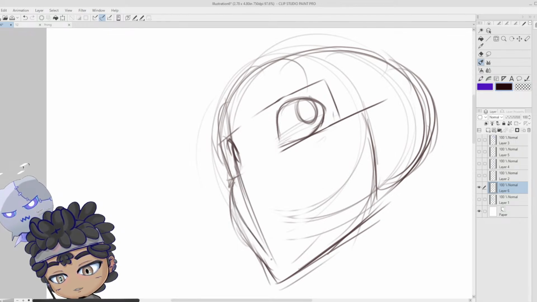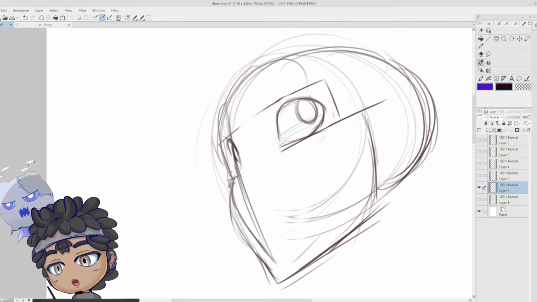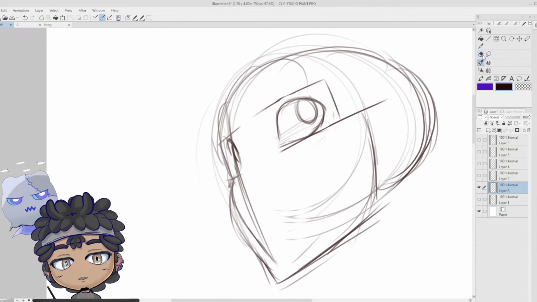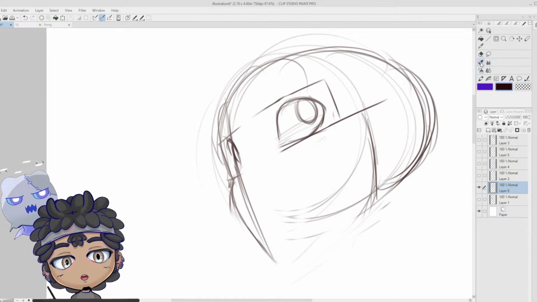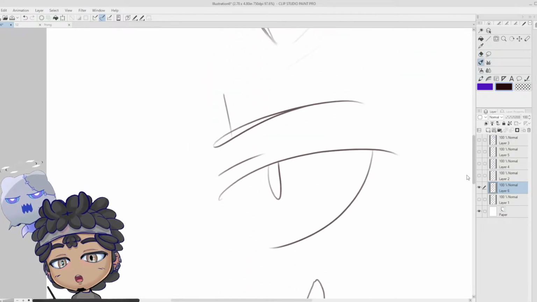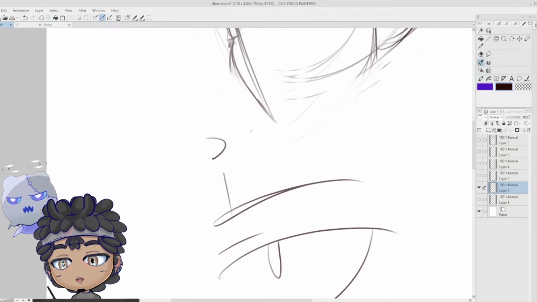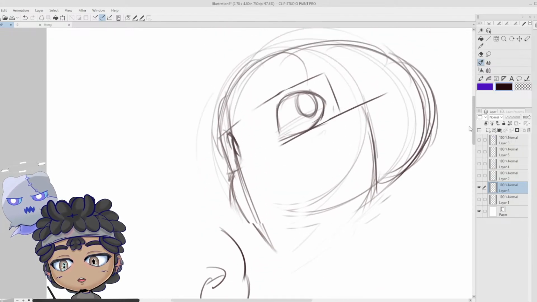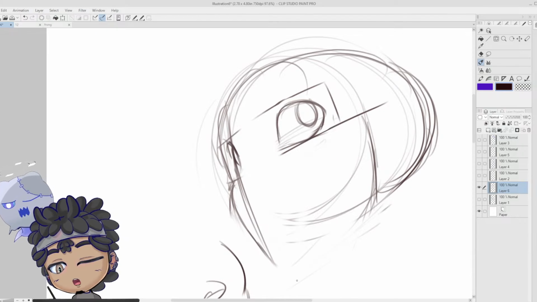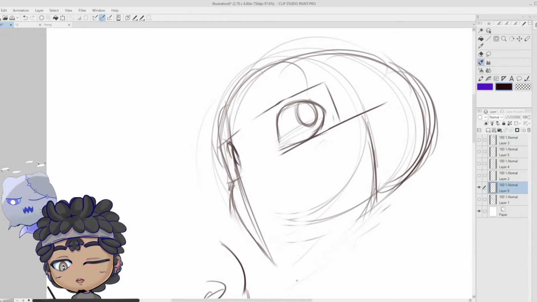The more you turn, the more the cheek gets smaller, because when you adjust one place, the other place gets bigger. It's a thing of squash and stretch to an extent. When something squashes, the other one stretches. Like when you want a character to move their hips one way, the other side stretches. You can't just make one side stretch and the other one not move or not do anything.